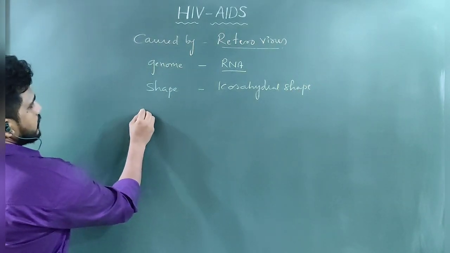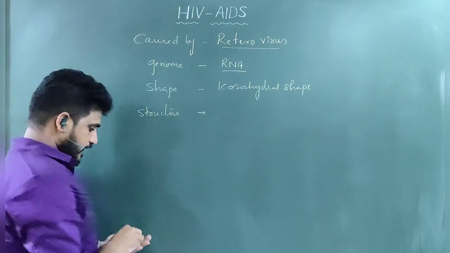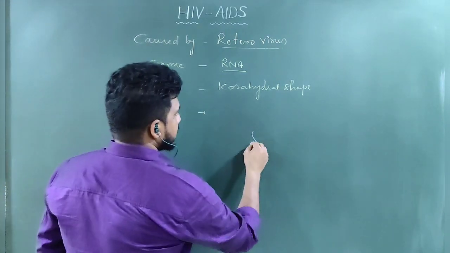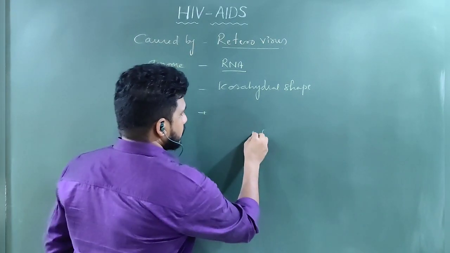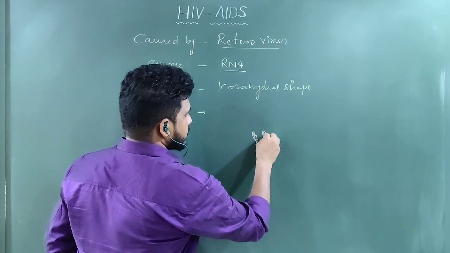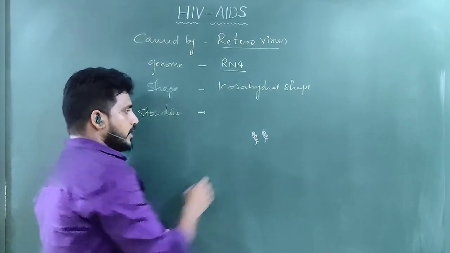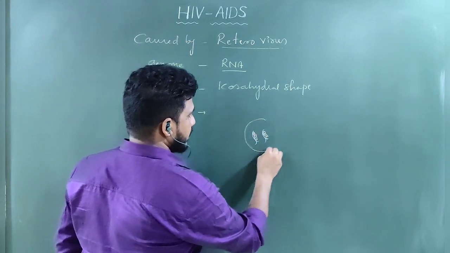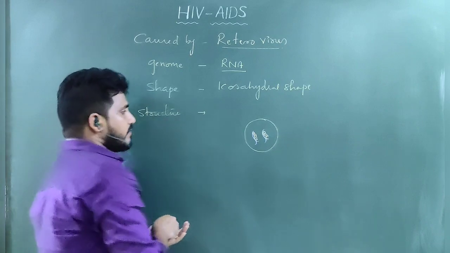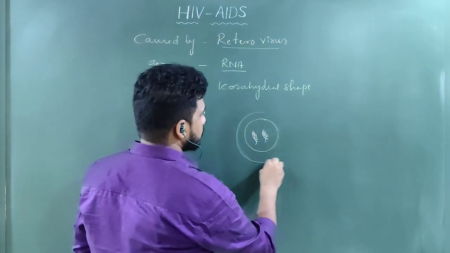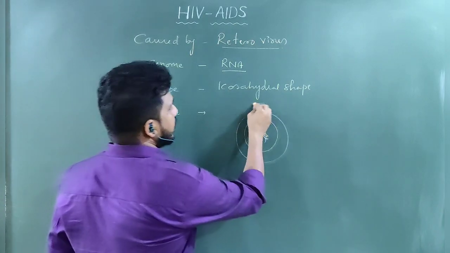If you observe the structure of the HIV, it has two single stranded RNA molecules, and reverse transcriptase enzyme is also associated with the genome. This structure is covered by a protein coat, and the entire structure is covered by another protein coat, and all this complex structure is covered by a lipid coat.